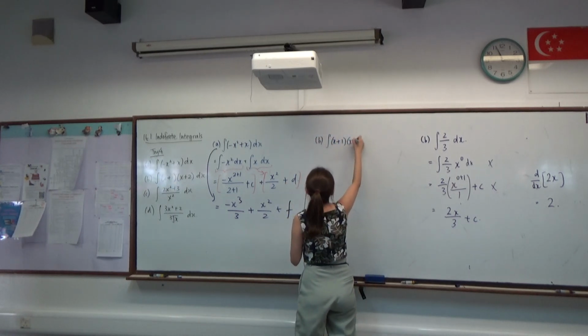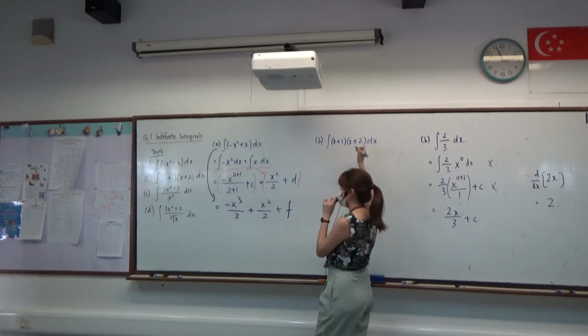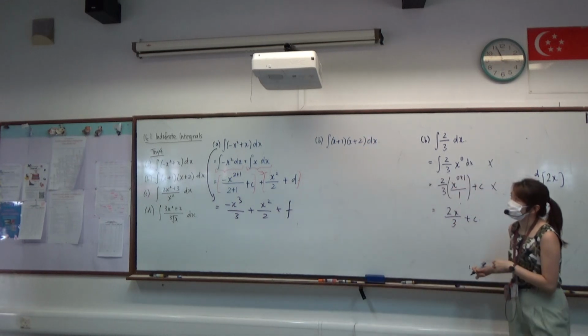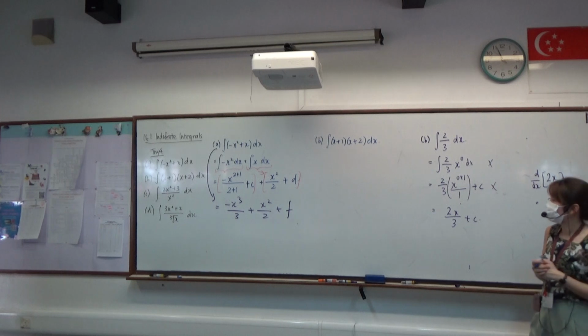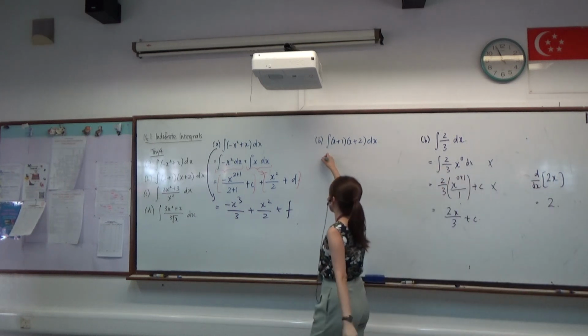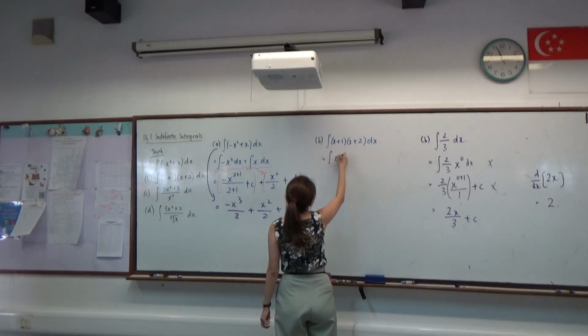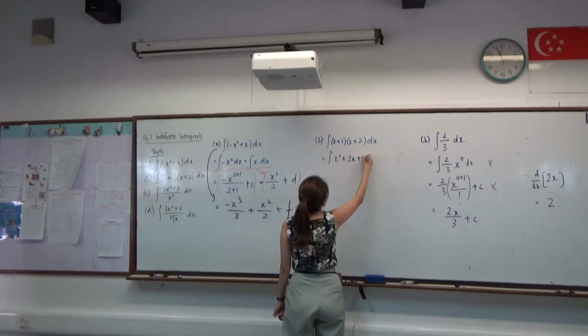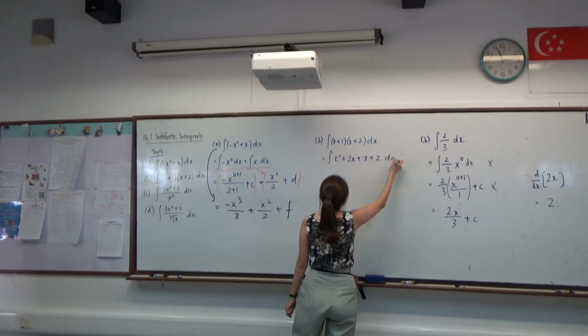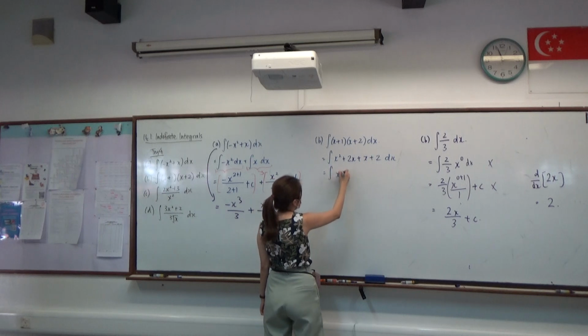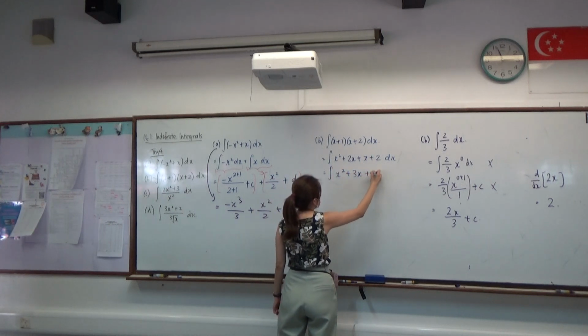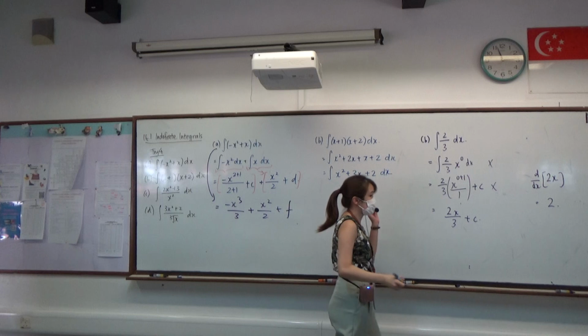Next, part B. As I mentioned, we do not have a product rule. So we are integrating x plus 1 times x plus 2, bracket, then dx. So you have to expand this out in order to solve it. There is no other choice. Such that we have this here.